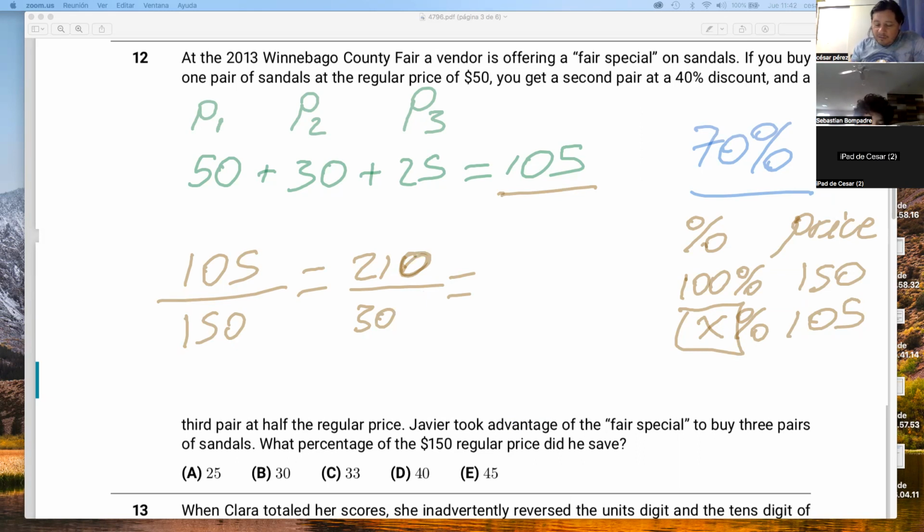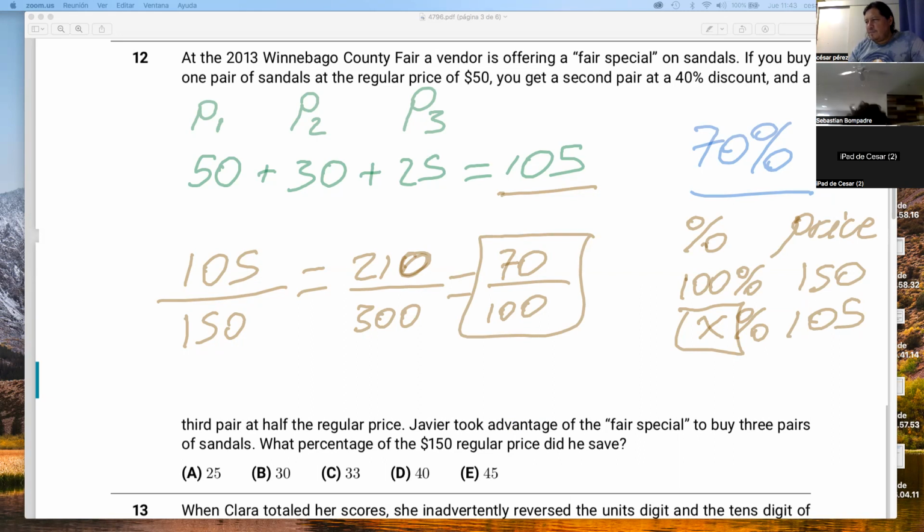We can divide by 3. We will get 70 over 100. Yeah, this is the answer. Do you understand the idea? Yes. This is what he paid. The answer is 30%. Okay.